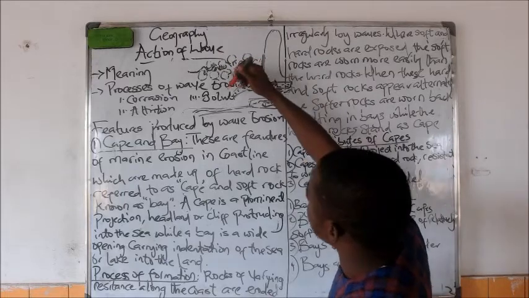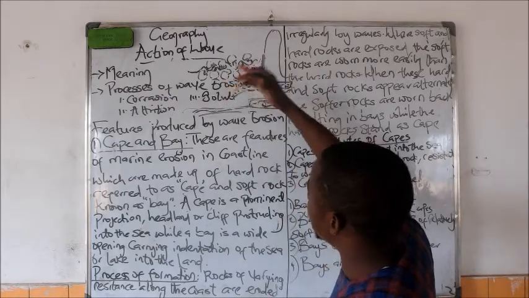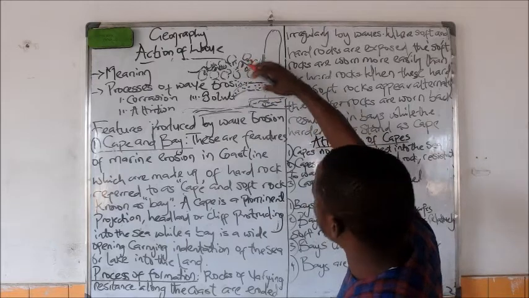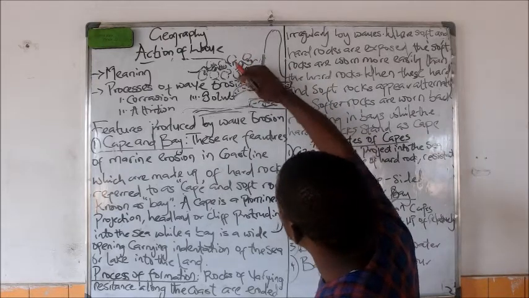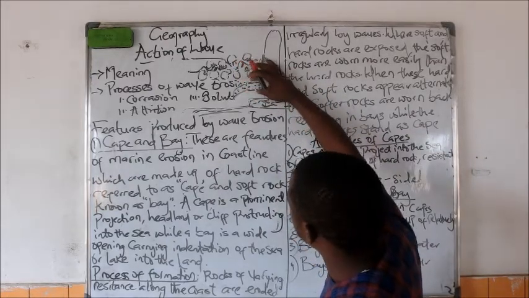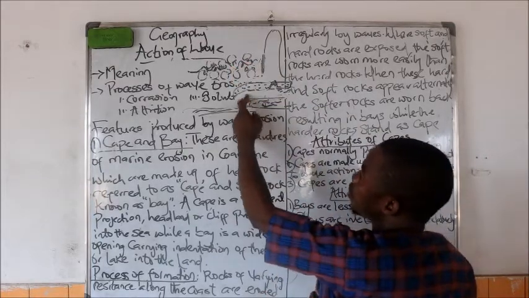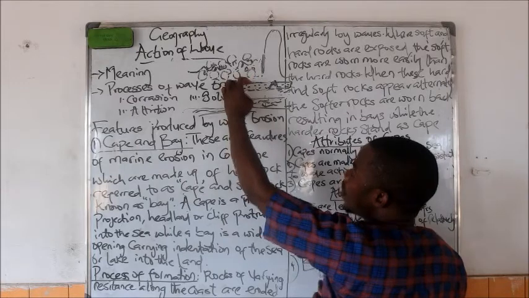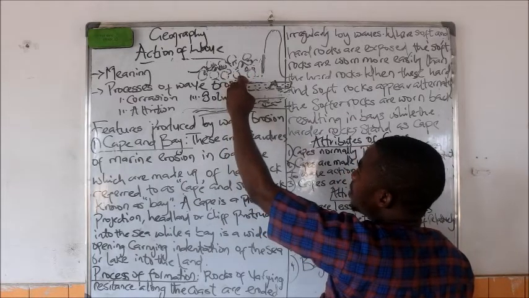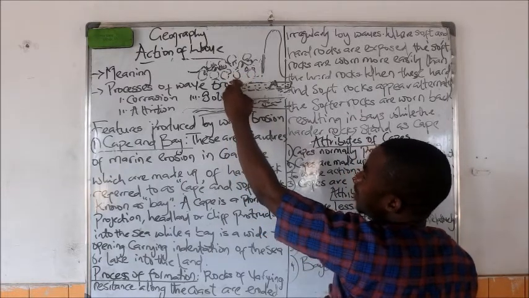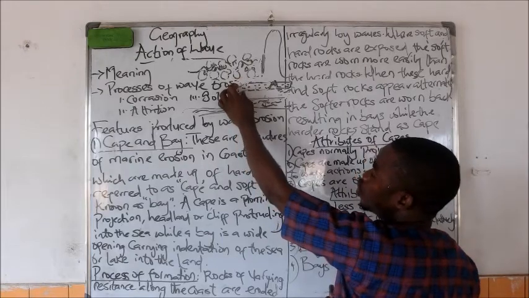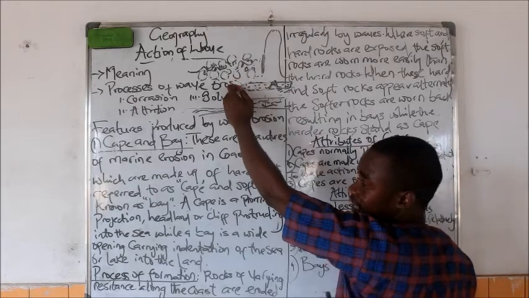When water waves tend to act on this particular hard rock, because of the high resistance, it will only be shaping it, affecting some parts, shaping it to be steep-sided like this.